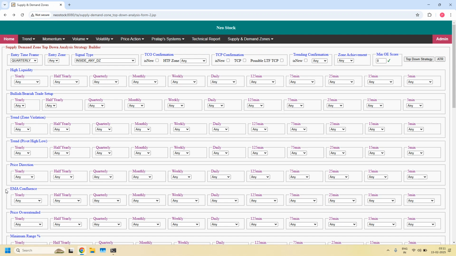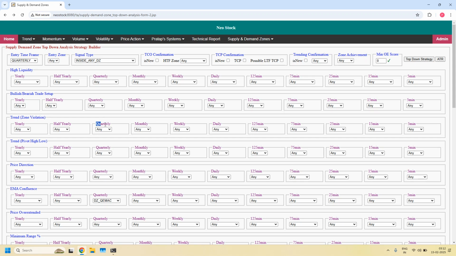So that's why I want to filter based on the quarterly EMA Confluence. In the EMA filter, at quarterly time frame, I am setting whether the quarterly demand zone is having quarterly EMA Confluence or not. We are verifying. And you already learned in your training course, EMA Confluence should be used only in the trending market, not in the sideways. Sideways EMA does not give any advantage.